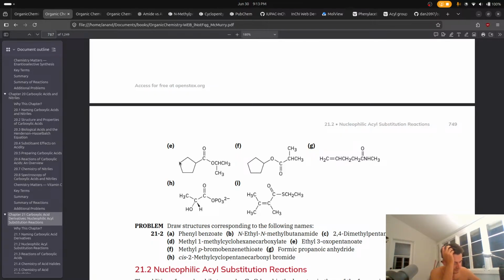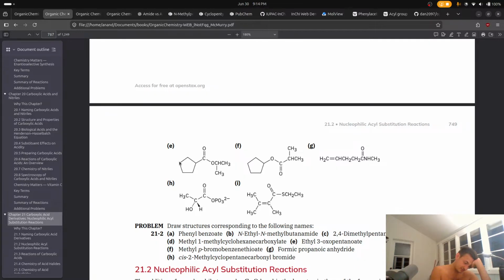Wait, so here we have a thioester. So this is going to be ethyl. Now, 1, 2, 3, 4, so it would be butanoic acid.